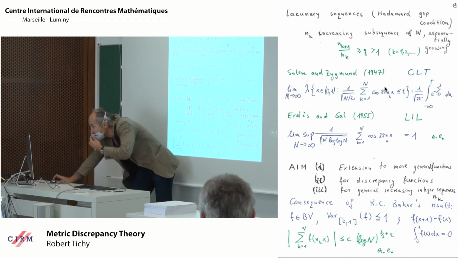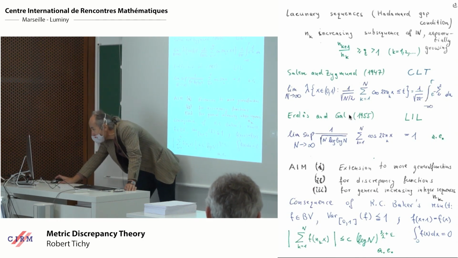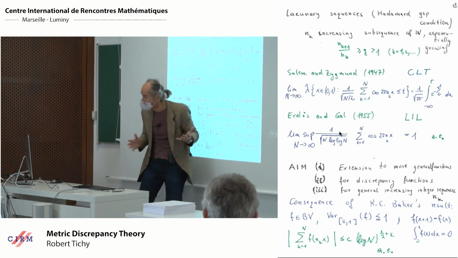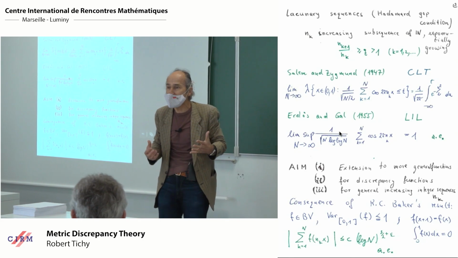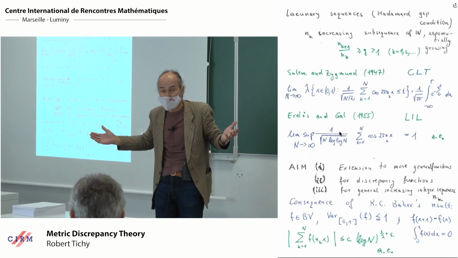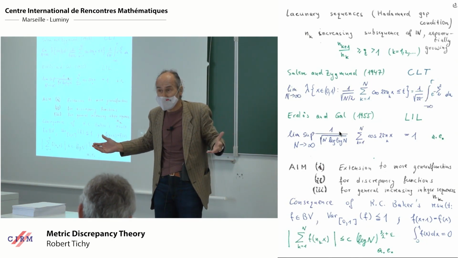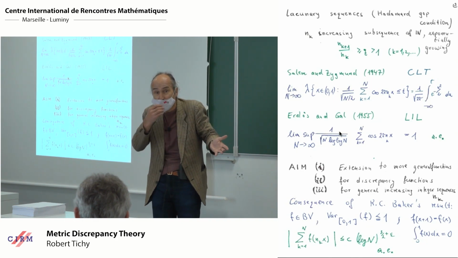And similarly, a little later, Erdős and Gál, whom I already mentioned, for their discrepancy results, obtained a law of the iterated logarithm. For trigonometric sums, this is the correct normalization here. And you see, trigonometric sums over lacunary sequences behave like random sequences, because the law of the iterated logarithm and the central limit theorem are well known from probability theory for sums of IID random variables.